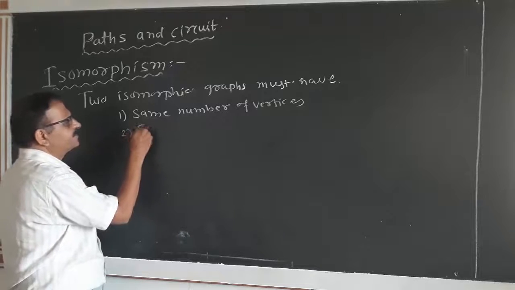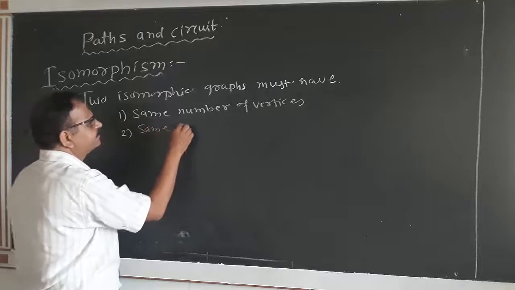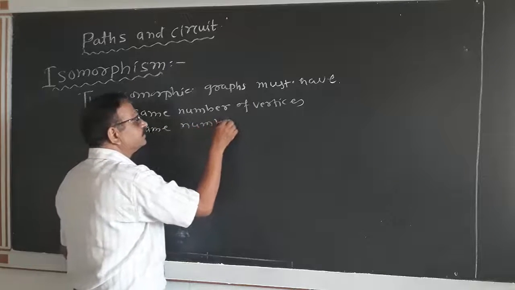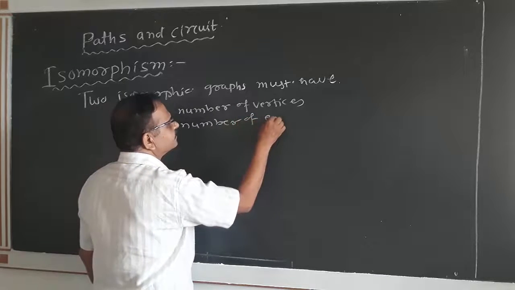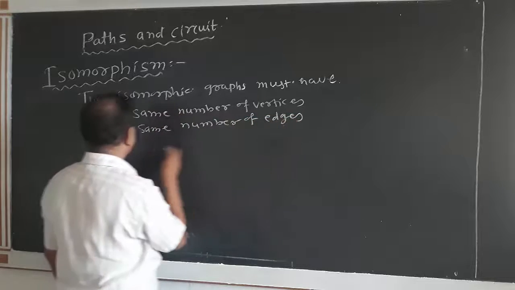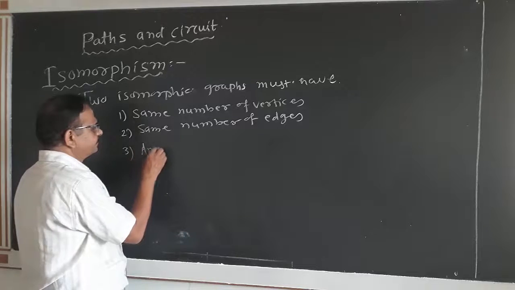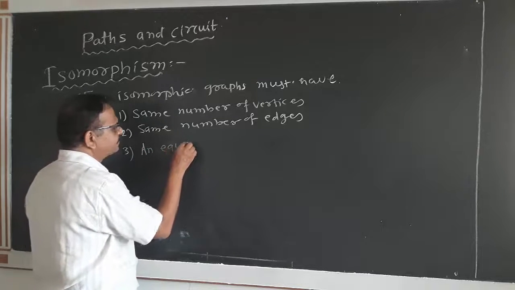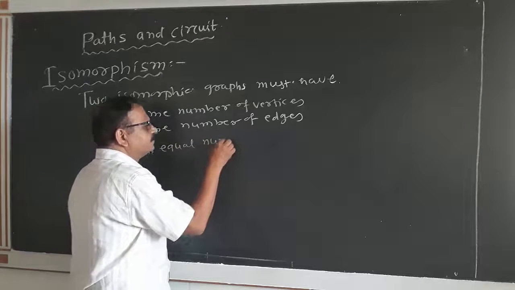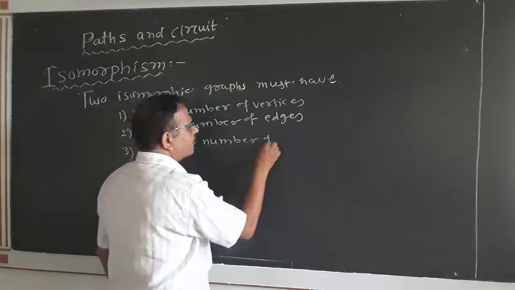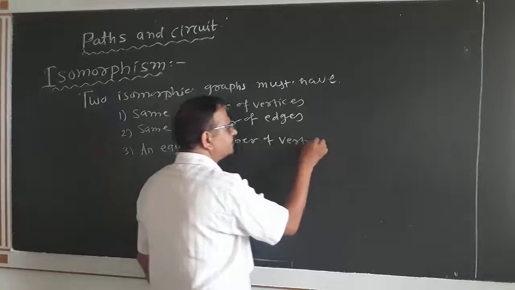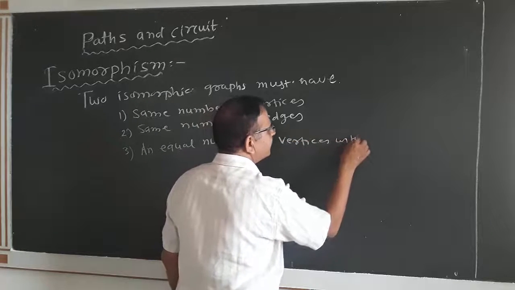Second, the same number of edges. And an equal number of vertices of a given degree.